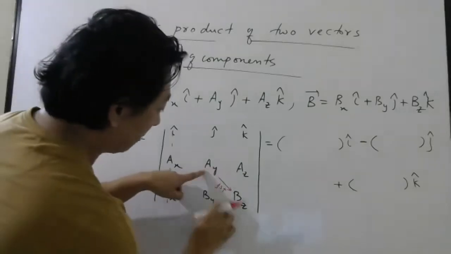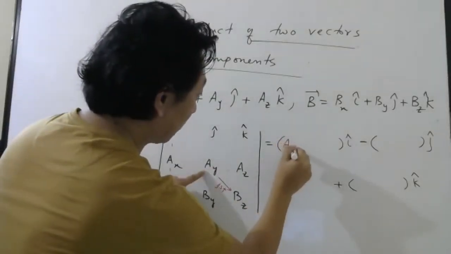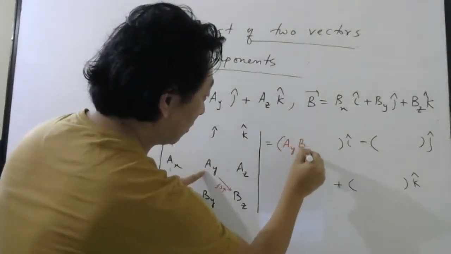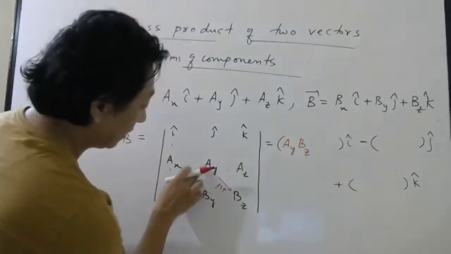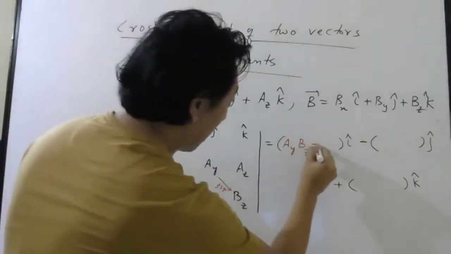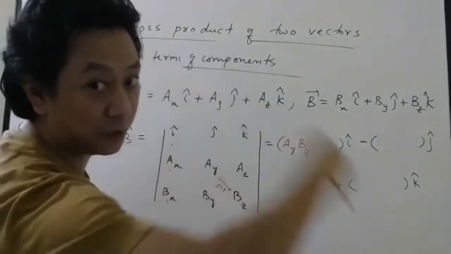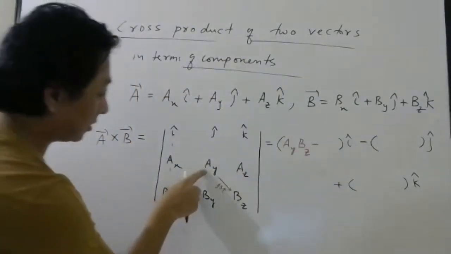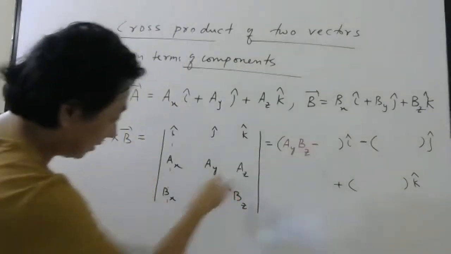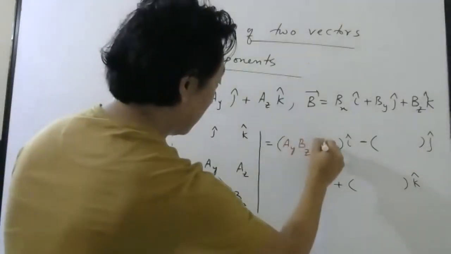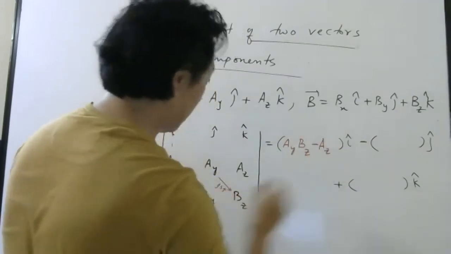So AY BZ. Please observe carefully. Once I solve problems, it will be easy. This into this minus this into this. So first you should do this way. This way should be first. Okay, so this into this minus this into this: AZ BY.